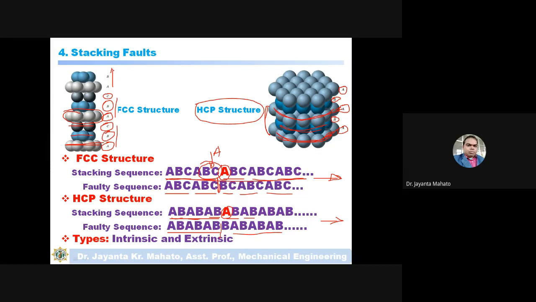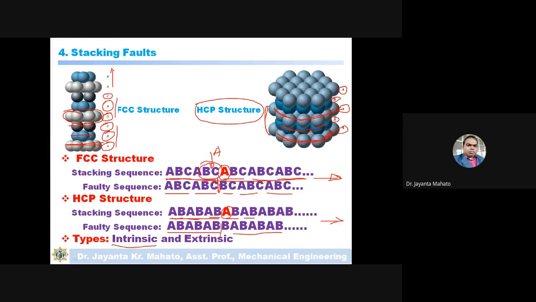So this type of addition of any one plane in the regular sequence, then the stacking fault that occurs is called the extrinsic stacking fault.